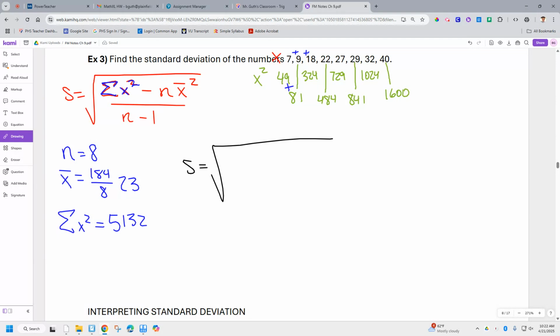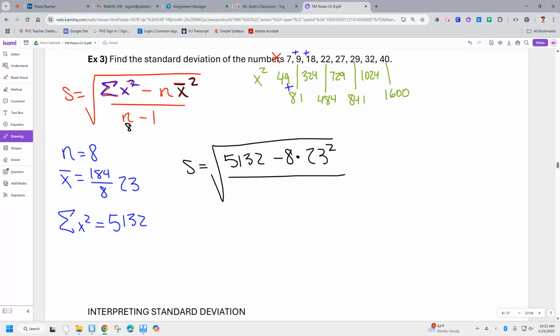S equals the square root. Sigma x squared is that 5132 minus n is 8. X bar was 23, but I'm going to need to square it according to this formula. X bar squared. And then I'm going to divide by n minus 1.